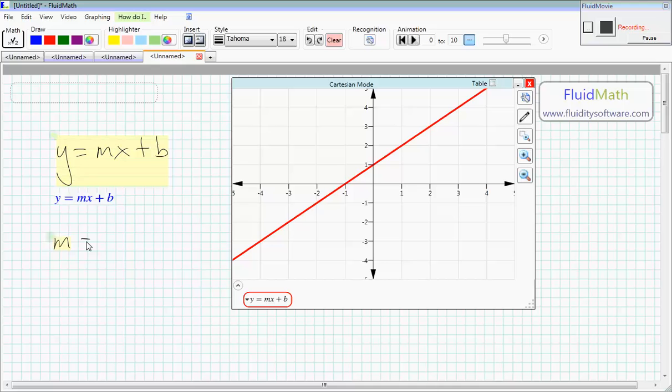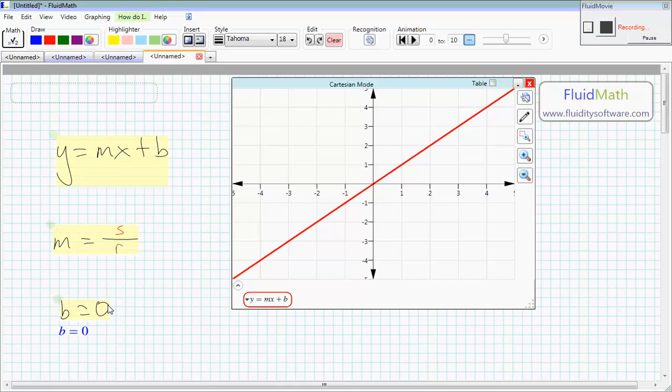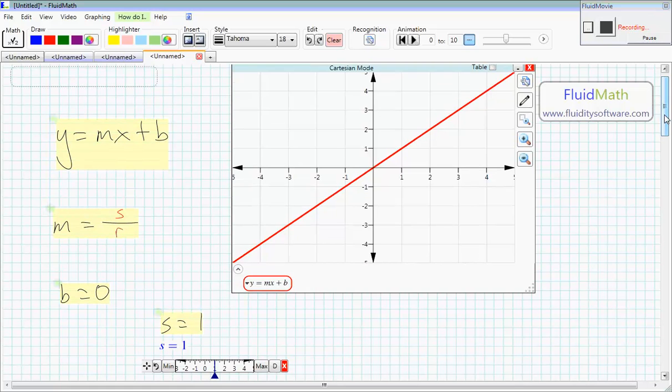This time we're going to write m as a fraction, s over r. And again, set b equal to 0. So s and r, let's give them some values. So we'll say s equals 1. Create a slider for that. And say r equals 1. Create a slider for that.